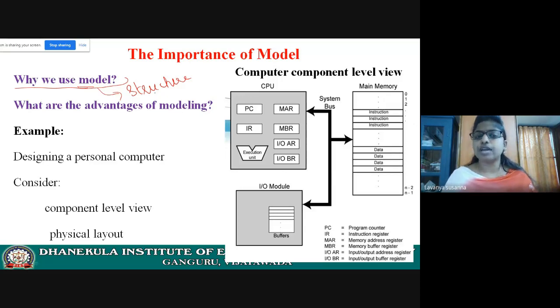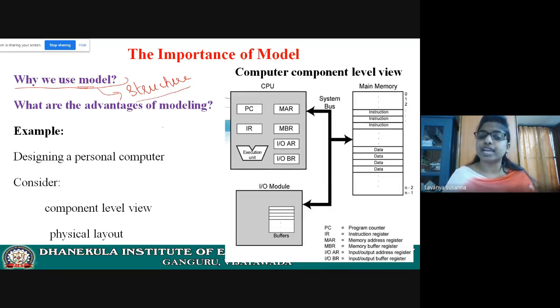Because if you explain theoretically, it may not be understandable, right? If you show the concept in some diagrammatic format, then it will be understood better.